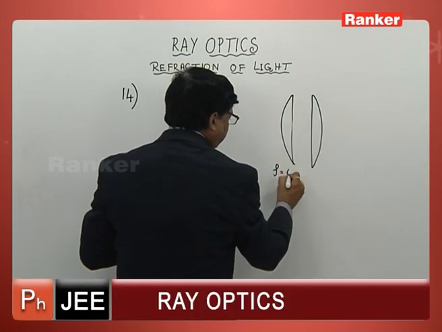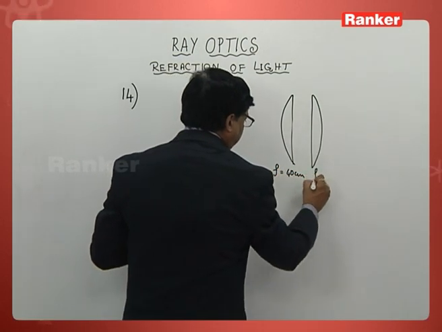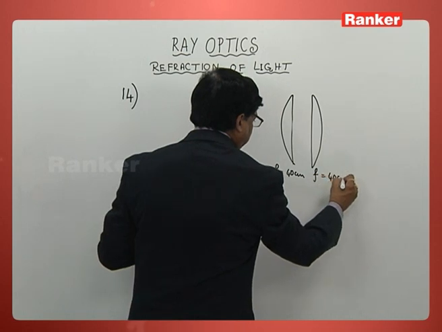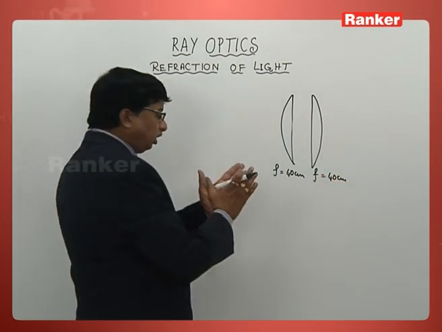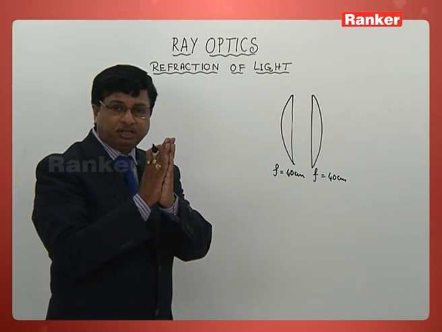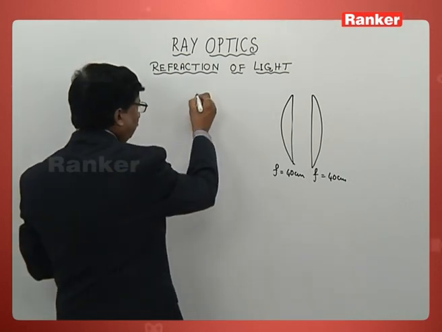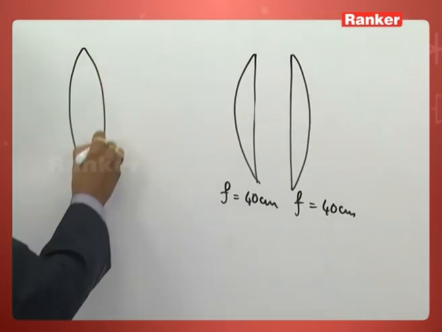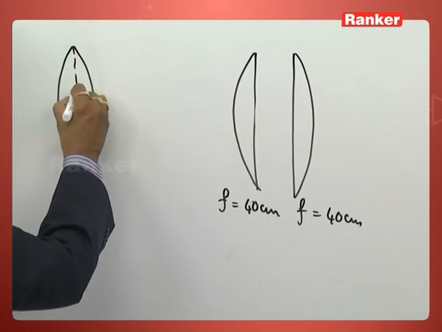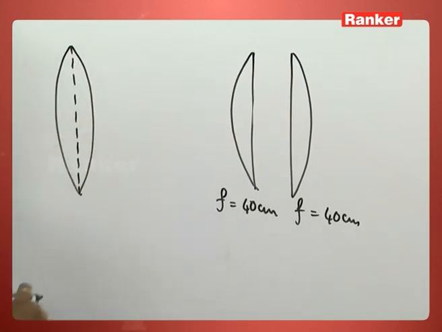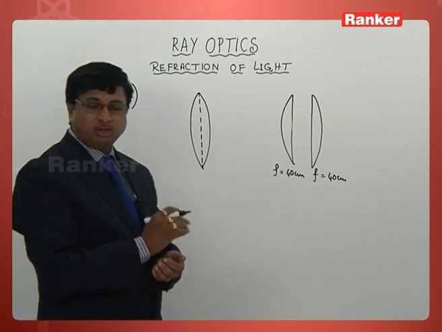This focal length is given 40 centimeter, this focal length is given 40 centimeter. Both are now pressed one against the other so that we get a complete convex lens like this of certain focal length. Now what is he asking?